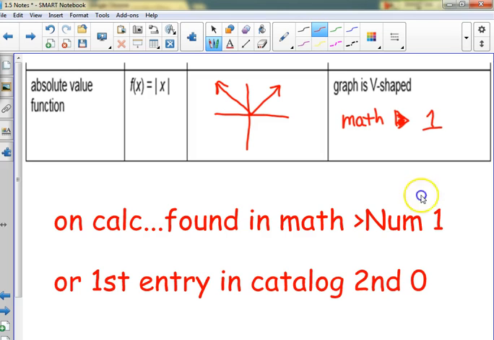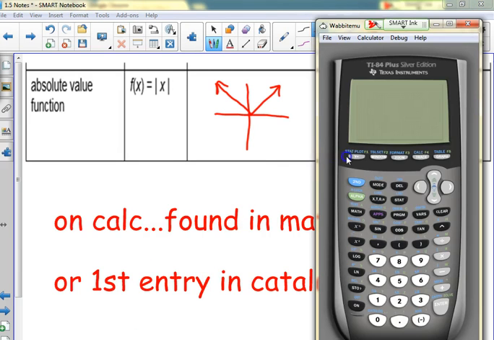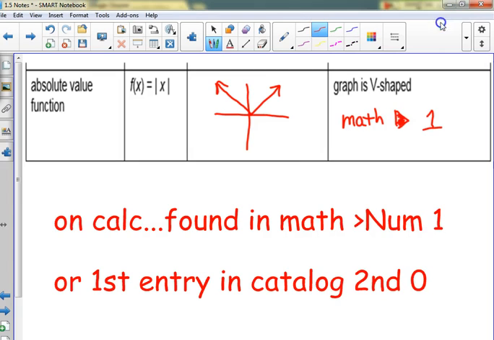I can show you. If I wanted to graph an absolute value function, I go to y equals, I go to the math button, arrow to the right, and it's this ABS. Maybe we should write that there. It will say ABS, and then you'll take the absolute value of whatever's in the parentheses. Everybody okay? Where to find that?